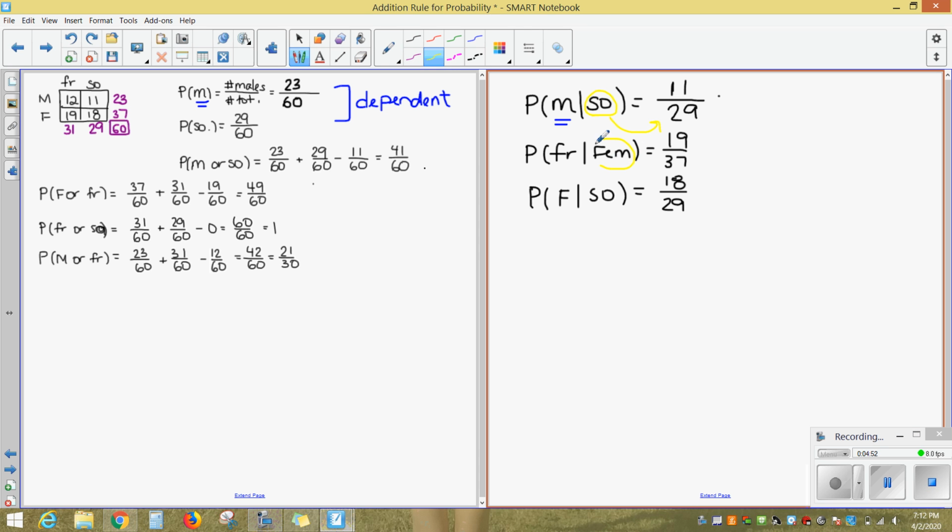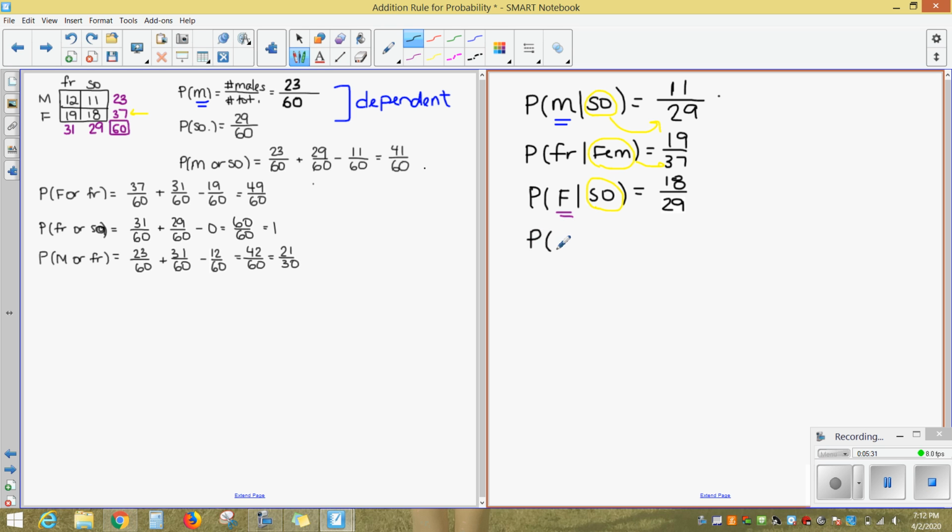If we're told that the student is a female, then from the table we are looking at those 37 students. Of those 37 students, 19 of them are freshmen. So 19 over 37. Again, if we narrowed it down to be a sophomore, we've got 29 on the bottom. Of those 29 sophomores, 18 of them are female. Notice that the probability of getting a female student I didn't have on the list yet.